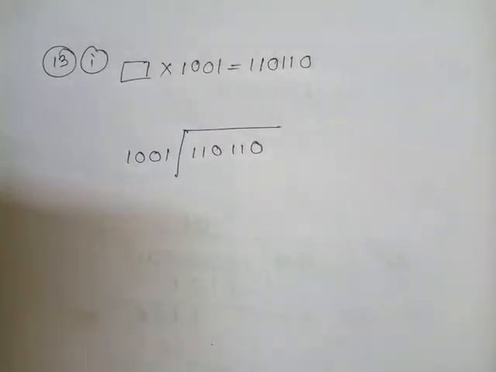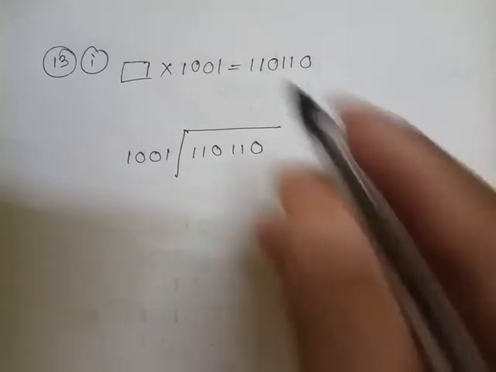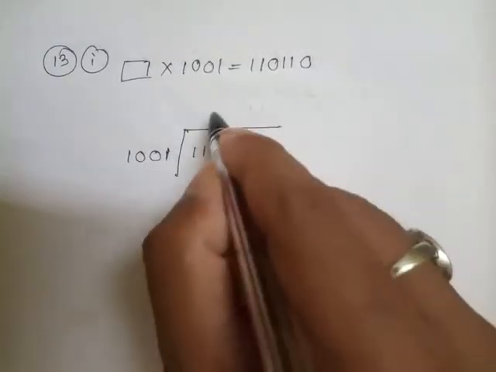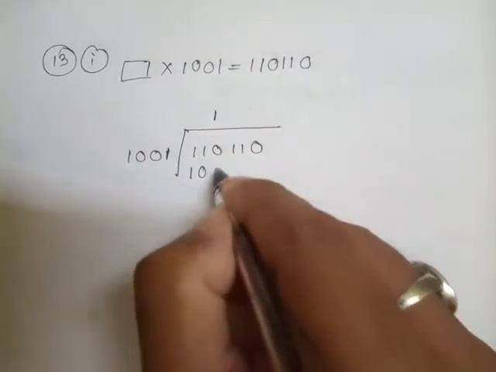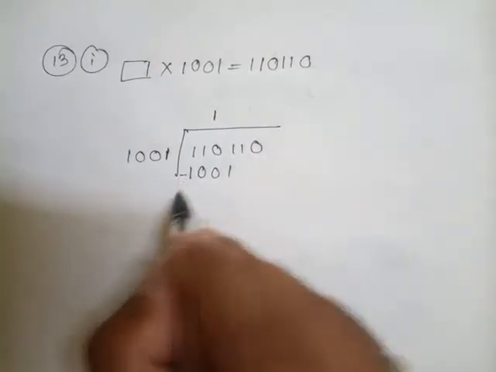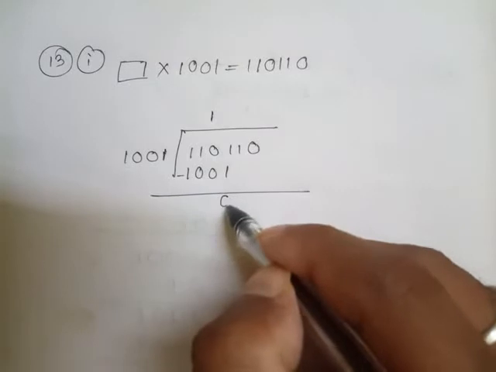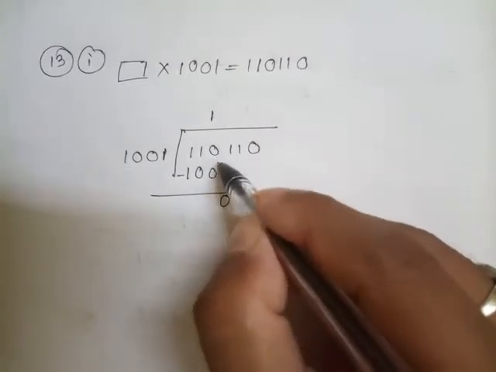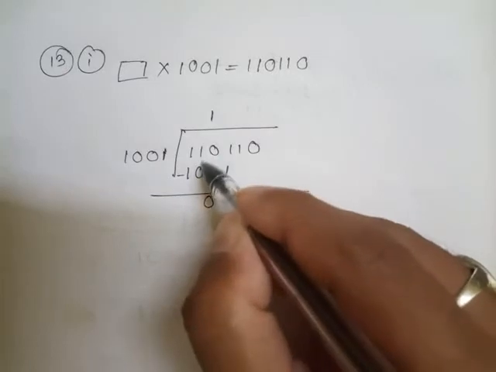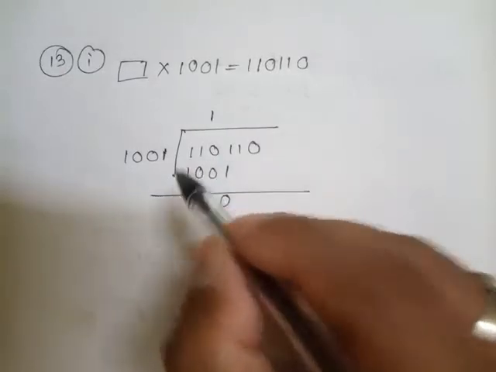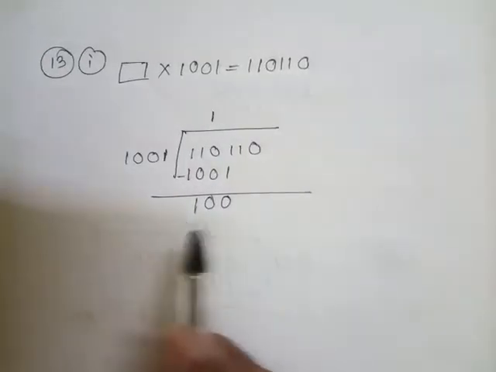Now look how to solve this. First of all, 1001 will be multiplied by 1 only, then 1001. Now if we go for the subtraction, 1 minus 1 is 0. 0 will be here, and 1 and 1 cancel. On the left side we cannot put 0.